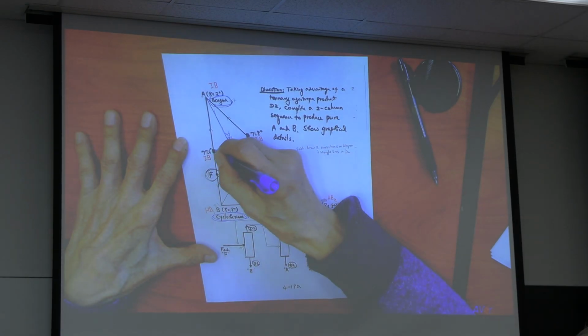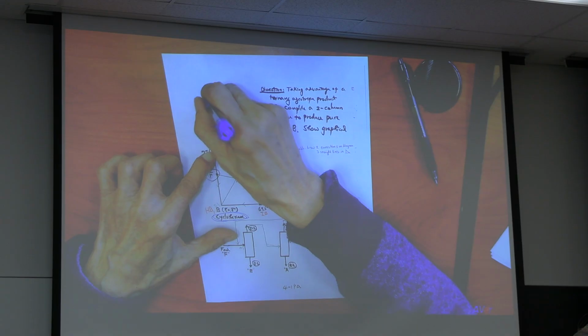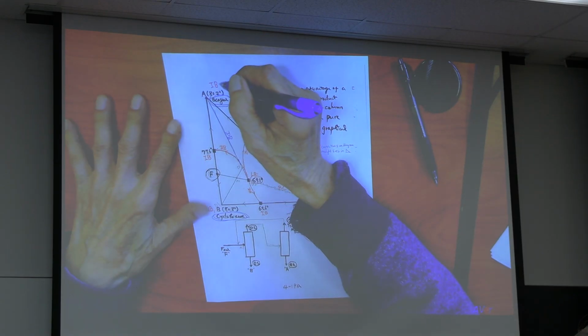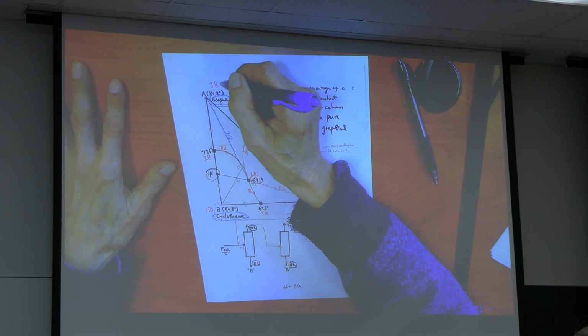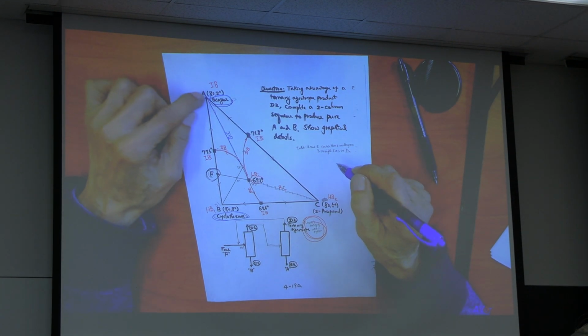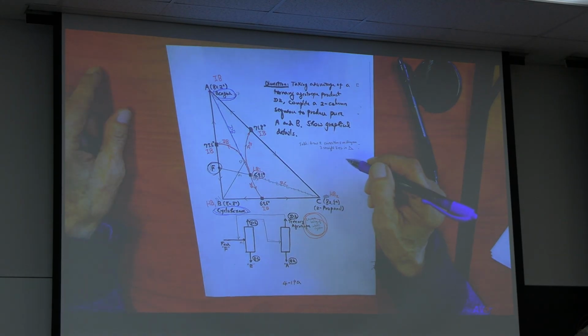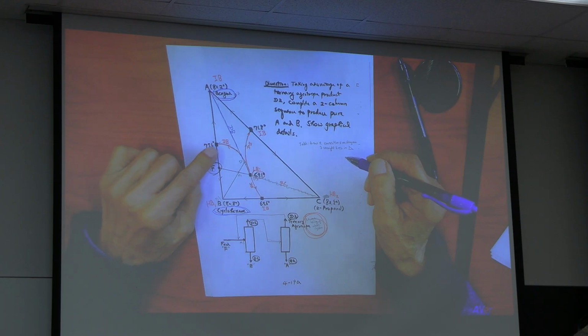You cannot cross this distillation boundary to get A. So that is a troublemaker. Our goal is to get A and B as pure product, overcoming this azeotrope.